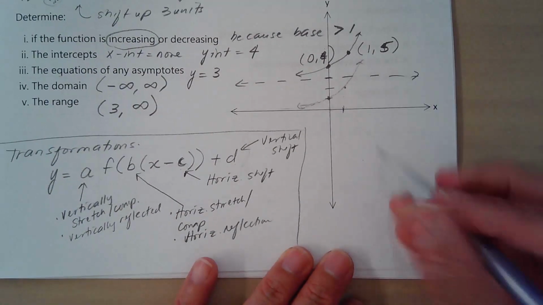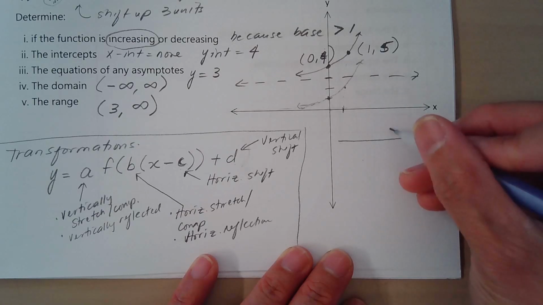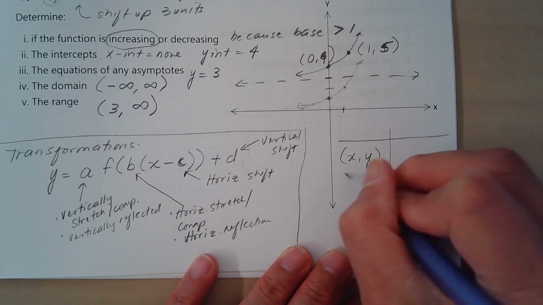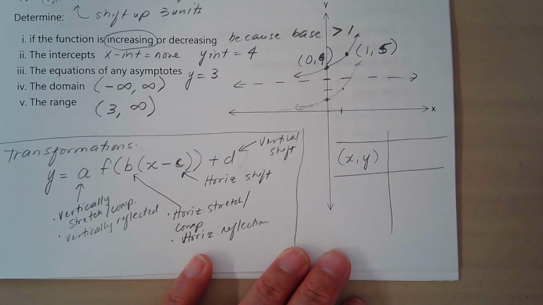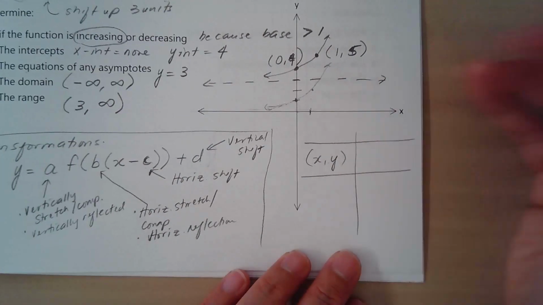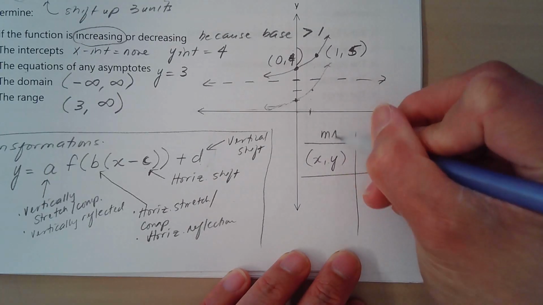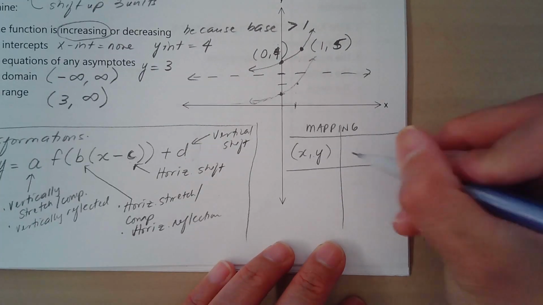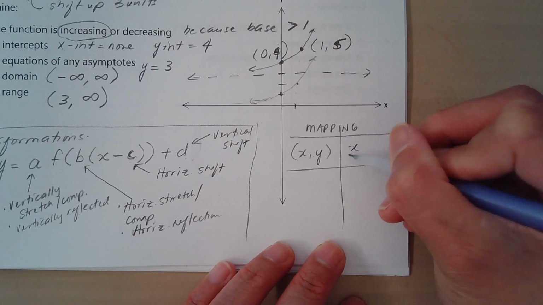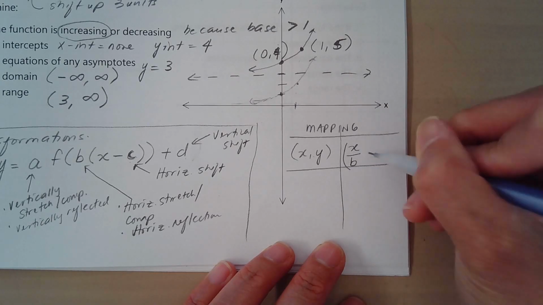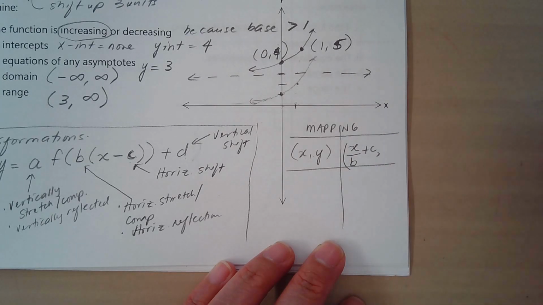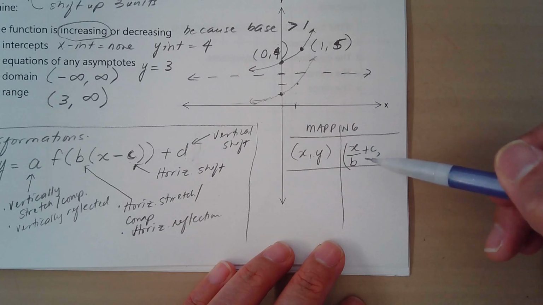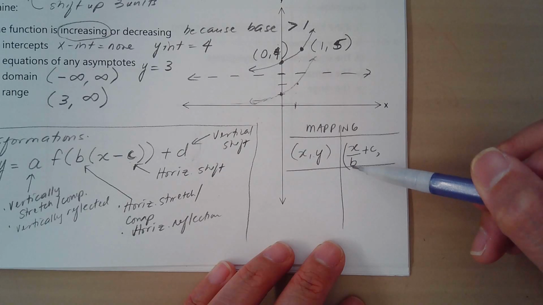Now, just to remind ourselves again, when we look at the critical points, we have x and y as points, and then if we do a mapping, it's going to be x over b plus c.